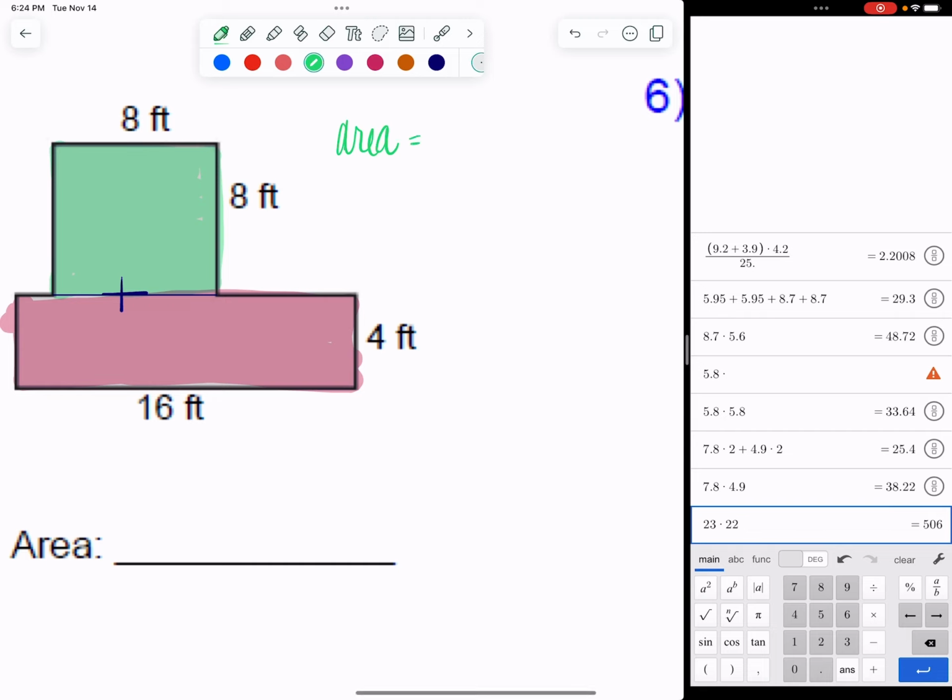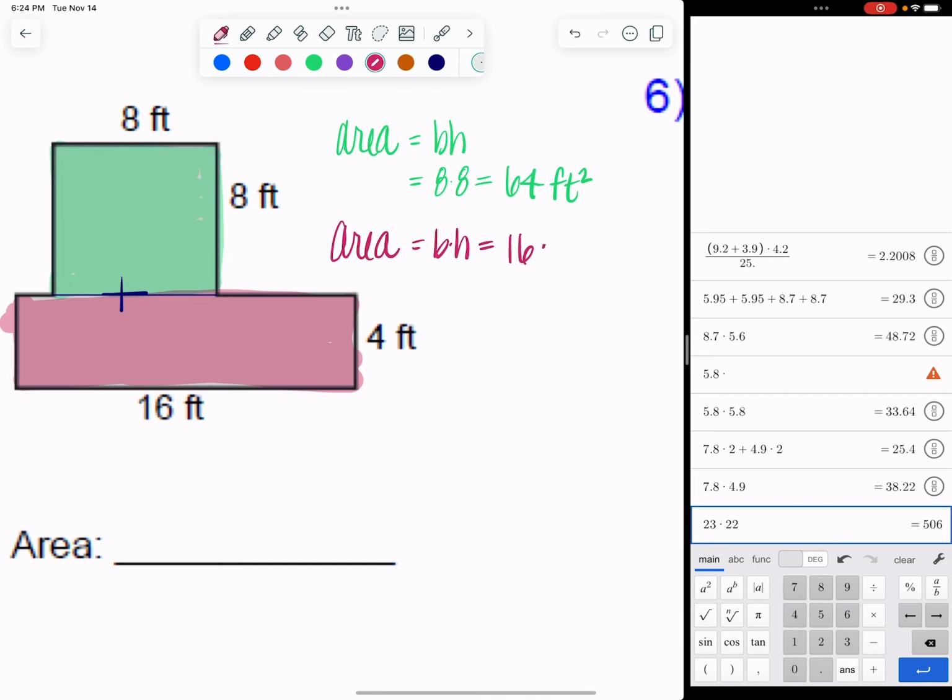So the area of a square is base times height. That's 64 square feet. The area of a rectangle is base times height.